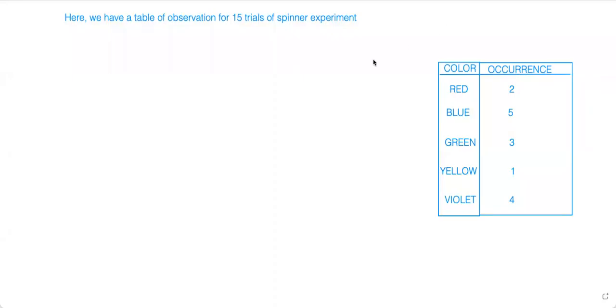Here we have a table of observations for 15 trials of a spinner experiment. The event R, red, is 2.